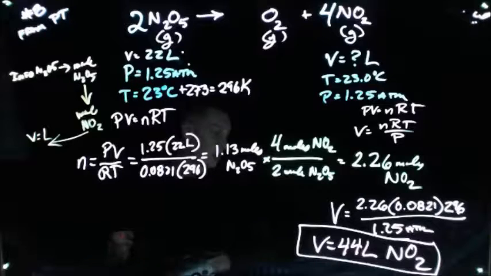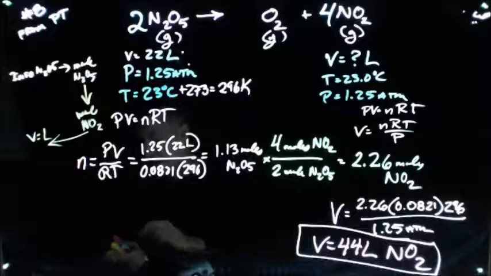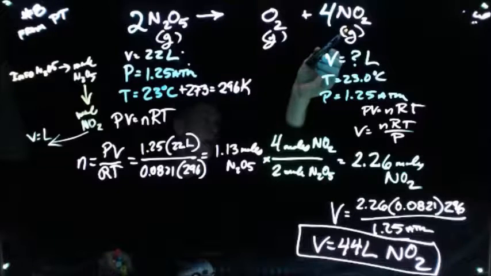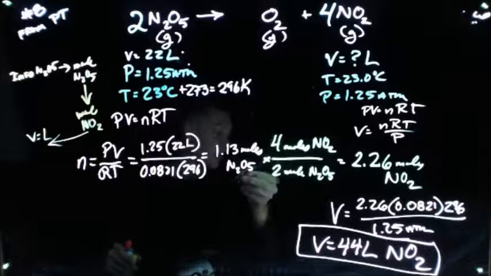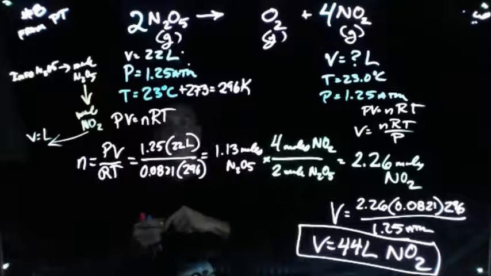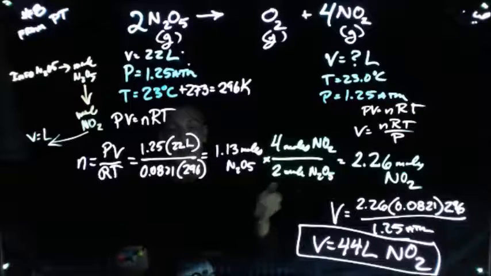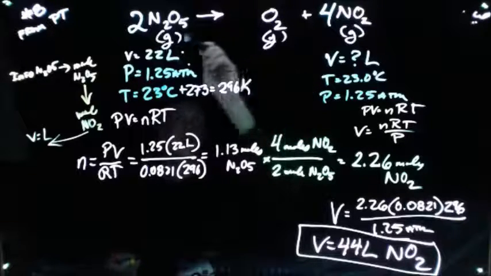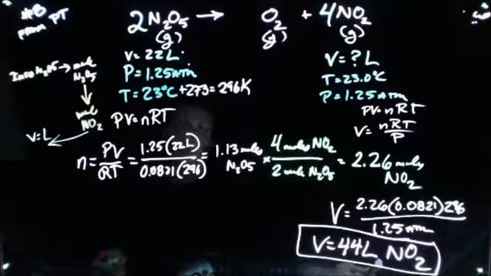Now, here's the thing that could make this a whole lot easier. We are looking at one gas compared to another gas, and the conditions, pressure and temperature, are the same. And so there is, let's call it a shortcut to this. Avogadro's law states that volume is proportional to moles at the same temperature and pressure. So since pressure is the same, temperature is the same, and we're comparing these two gases, we actually don't need to go through all of this complicated sequence of events.